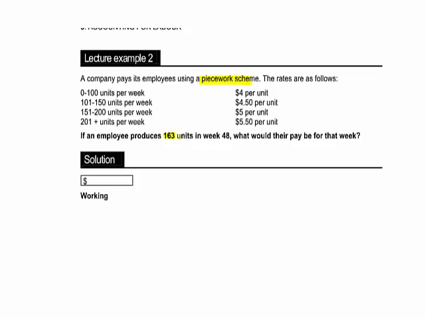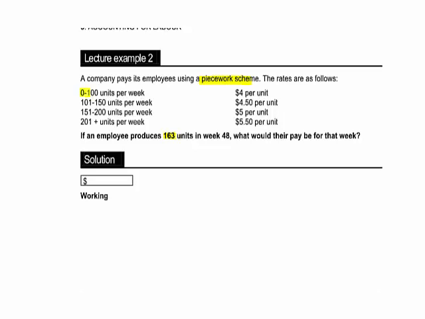And we're looking then at what happens when an employee produces 163 units in a week, what they're going to be paid. Now, what we have to realise here, and read the question very carefully, because there are no set rules, is whether or not the increased rate of pay applies to all units or whether it applies only to units within a particular band.